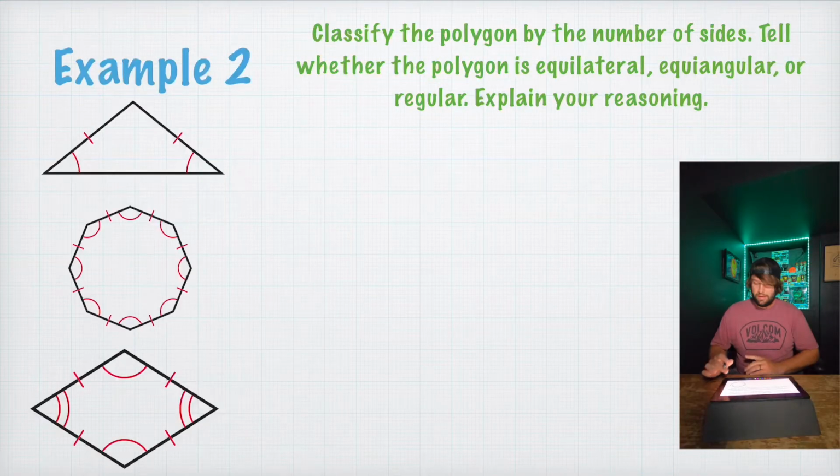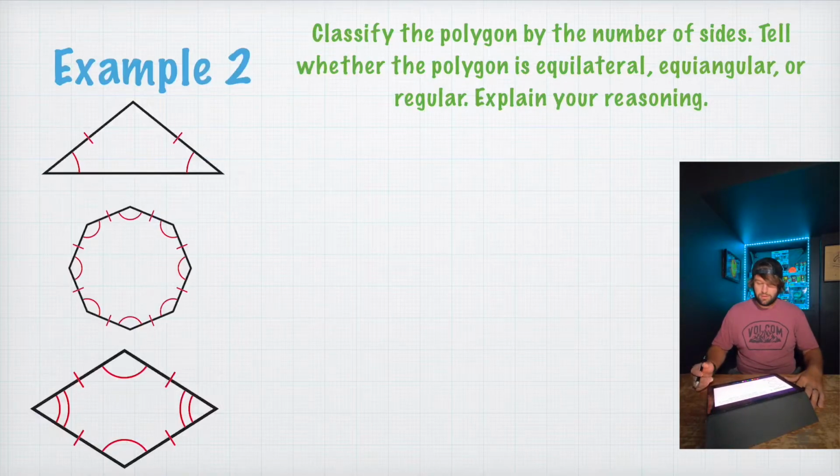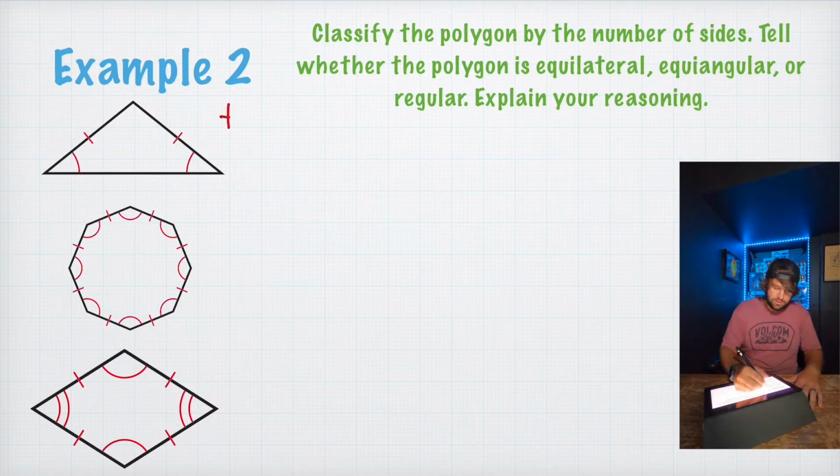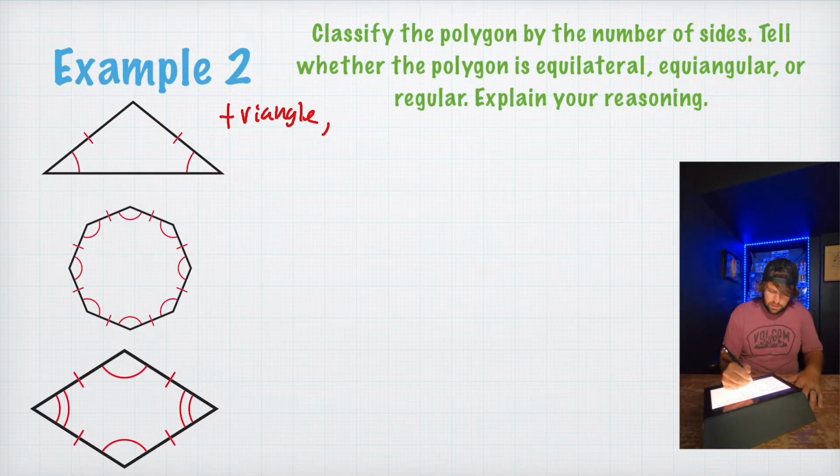Okay? So, example 2. Classify the polygon by the number of sides. Tell whether the polygon is equilateral, equiangular, or regular. Explain your reasoning. So, first off, this has 3 sides, so it's a triangle. Okay? And it is neither equilateral or equiangular.